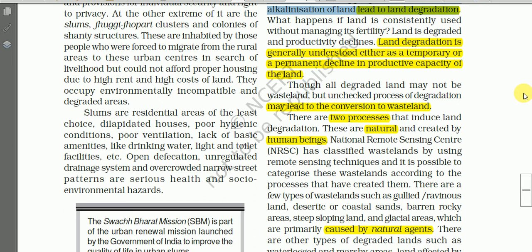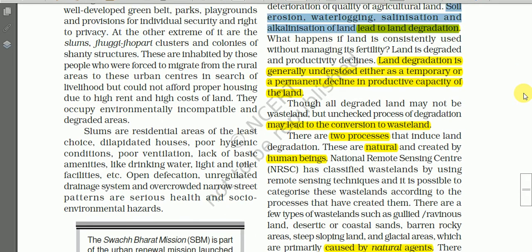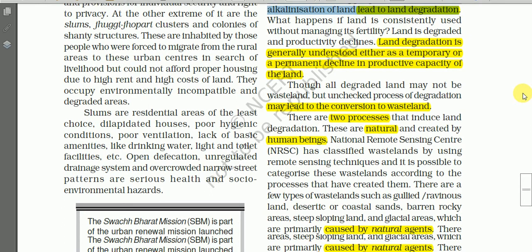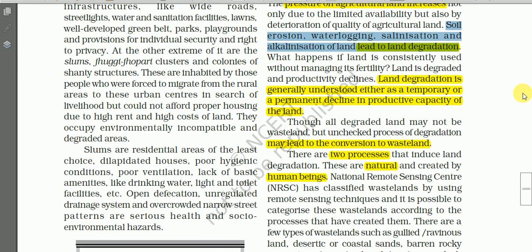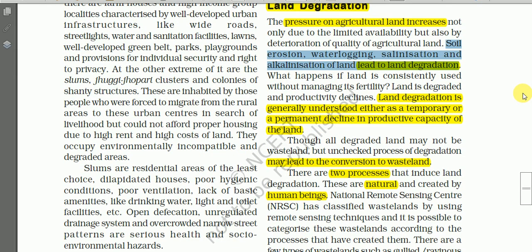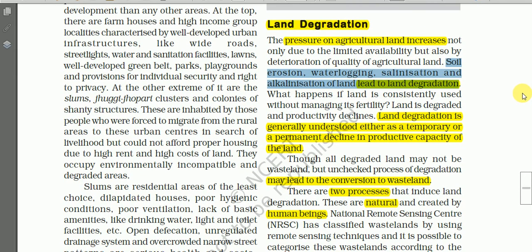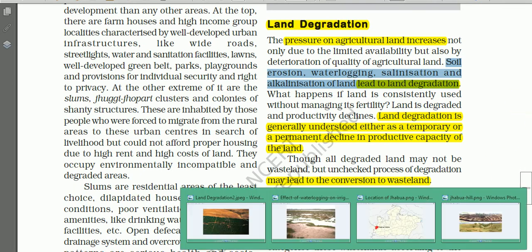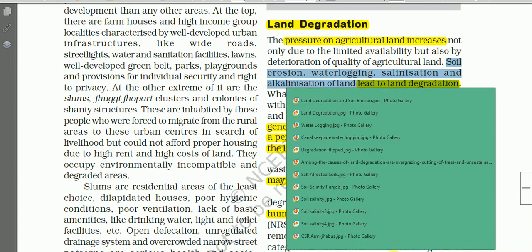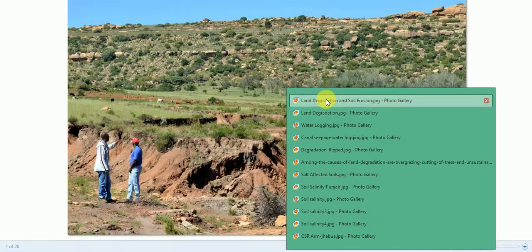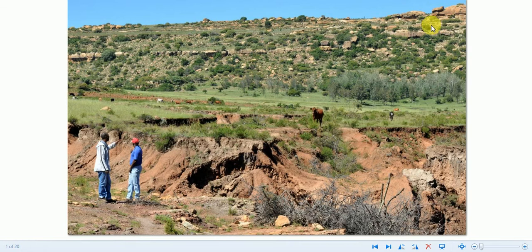Before we read the causes of land degradation, let us examine some photographs regarding land degradation. So this is a photograph showing land degradation.